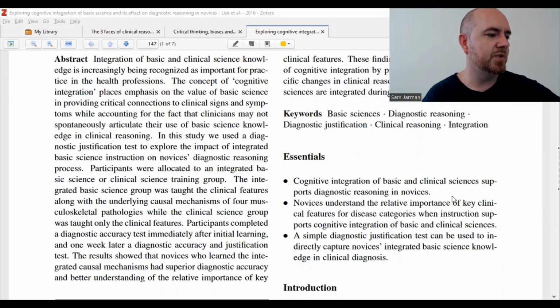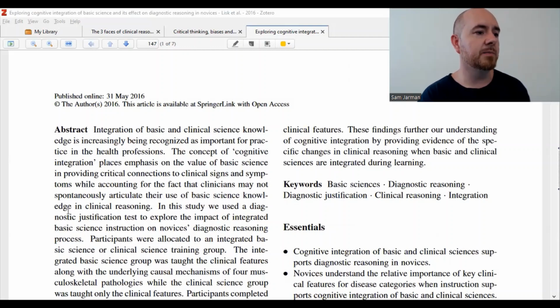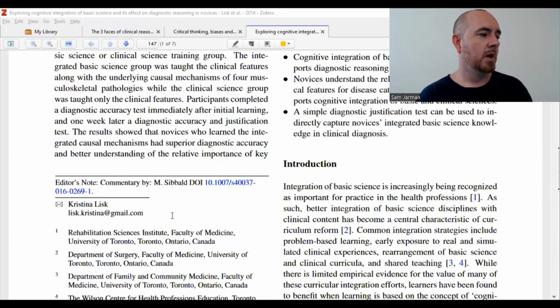The results showed that novices who learned the integrated causal mechanisms had superior diagnostic accuracy and better understanding of the relative importance of key clinical features. These findings further our understanding of cognitive integration by providing evidence of the specific changes in clinical reasoning when basic and clinical sciences are integrated during learning. Right?